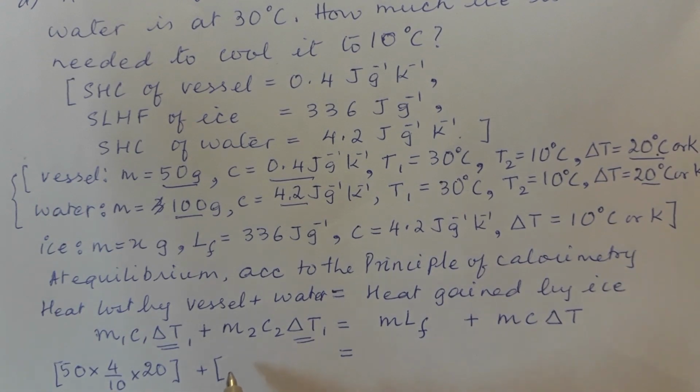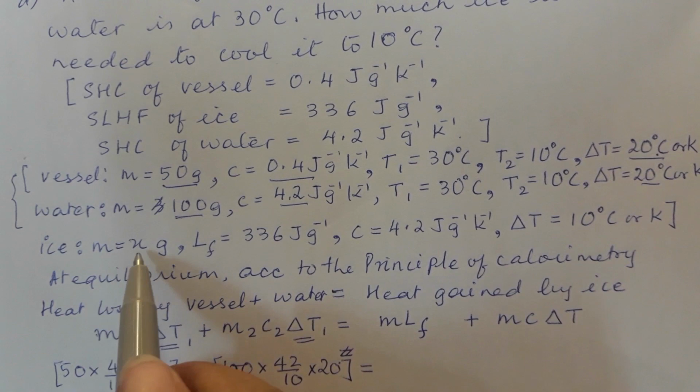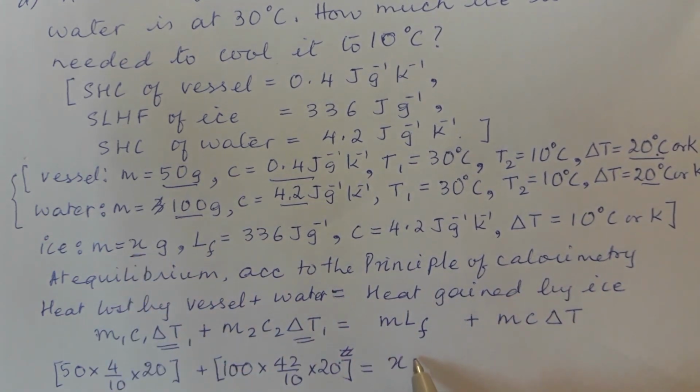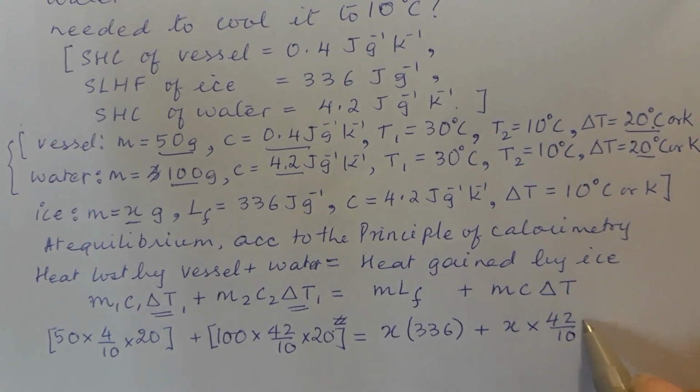So it becomes, is equal to mLF. So we have to find the value of mass. So it is X multiplied by 336 plus X into 42 upon 10, because now it has become water, multiplied by ΔT.